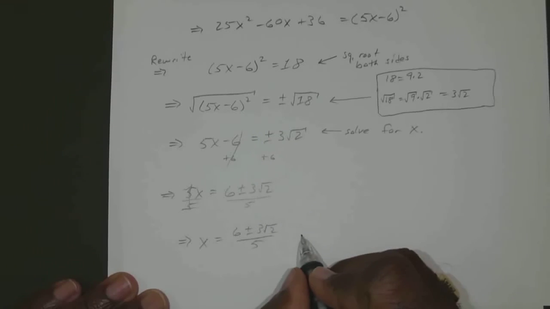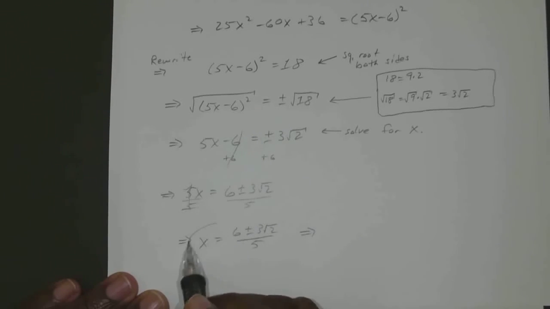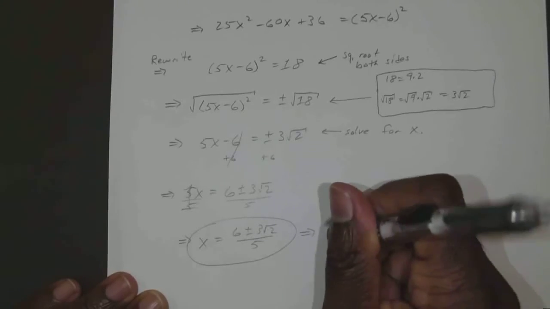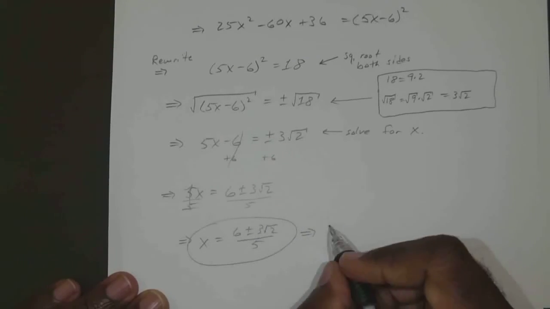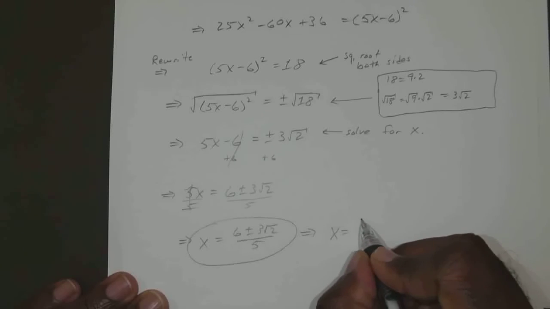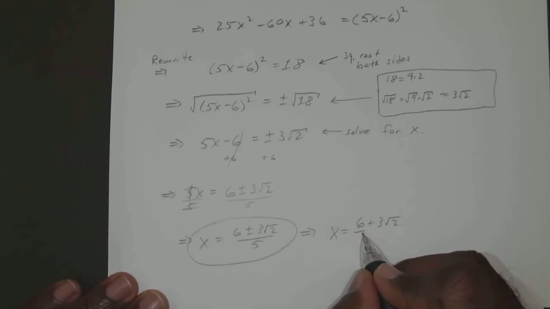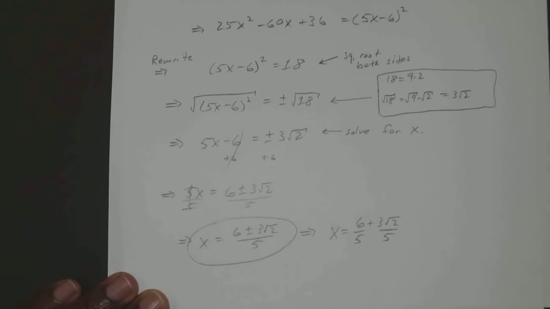Either way. Or if you wanted to just stretch it out, x equals (6 plus 3 square root of 2) over 5. And like I said, if you wanted to, you could make them two separate fractions. You don't have to.